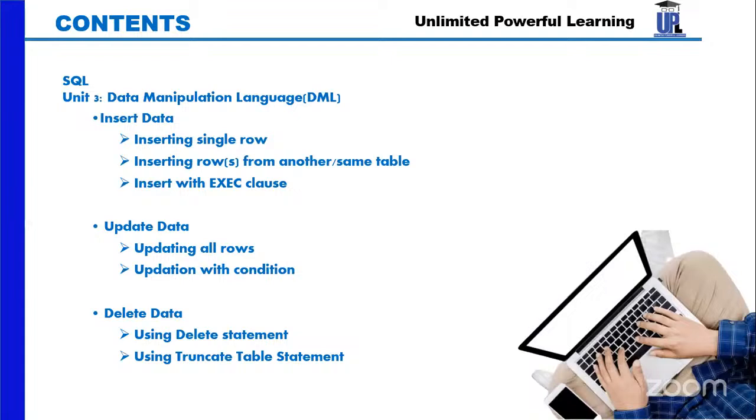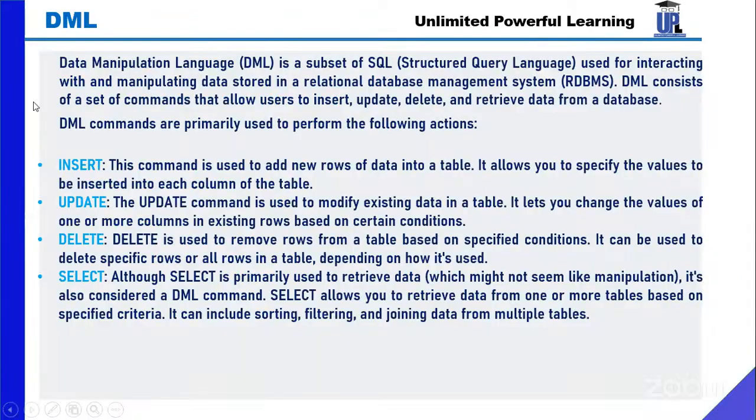First, theoretically let us try to understand. In the previous session we tried to understand how to create a database and create a table. Now we are talking about how to insert a record and how to use all the clauses. What is DML? DML is a subset of SQL. Usually, it manipulates data which is already stored.